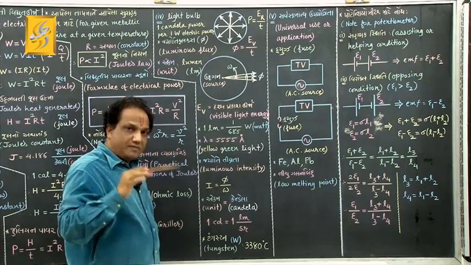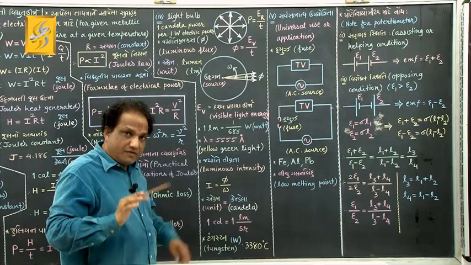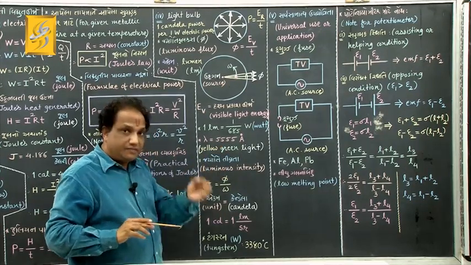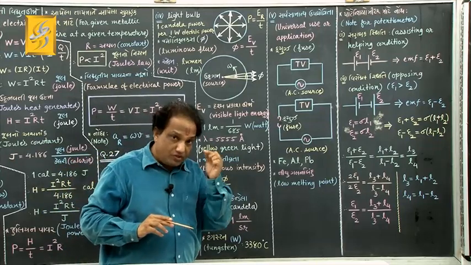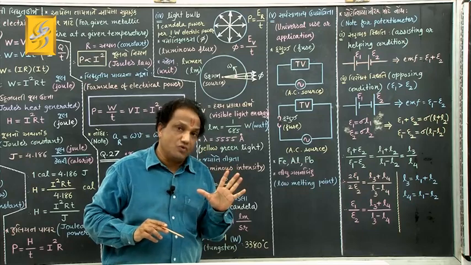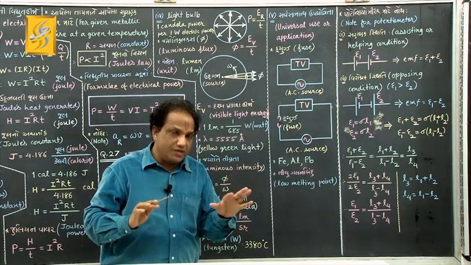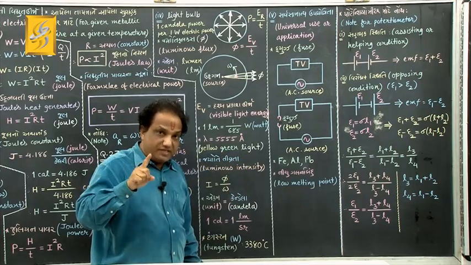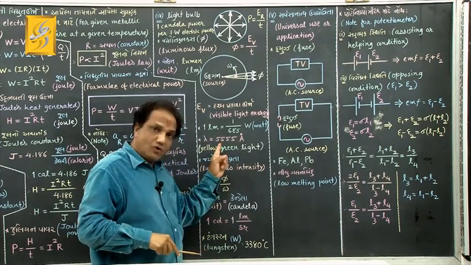Maximum sensation of sight means that when light with this particular wavelength is made incident on the human eye, it produces maximum sensation on the optical nerves. That's why we are selecting this particular wavelength. Got it? Fine.